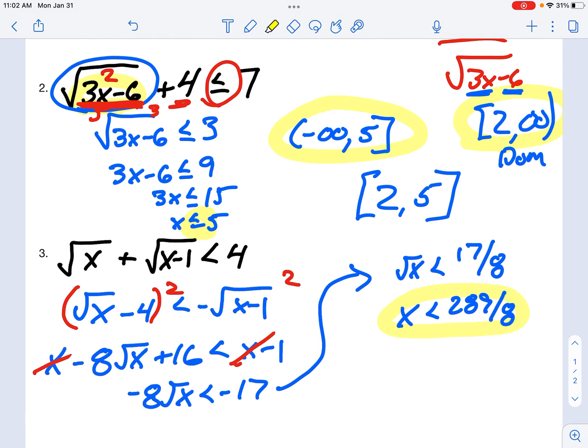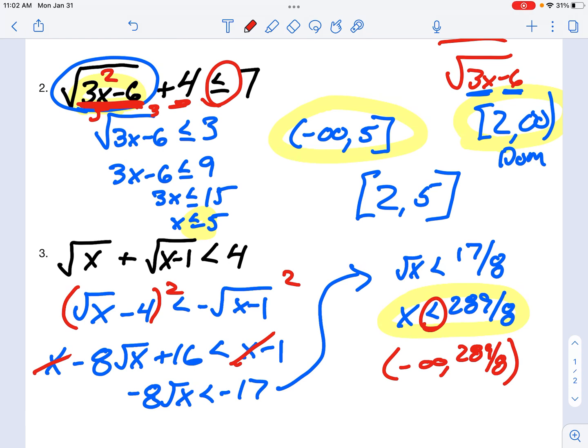But a little red flag moment here is, given that we have the less than symbol right here, that's telling us that technically our answer right now is saying we're going from negative infinity to 289/8, which is approximately 4.52.